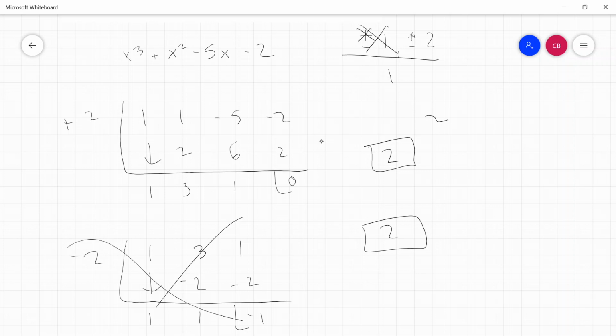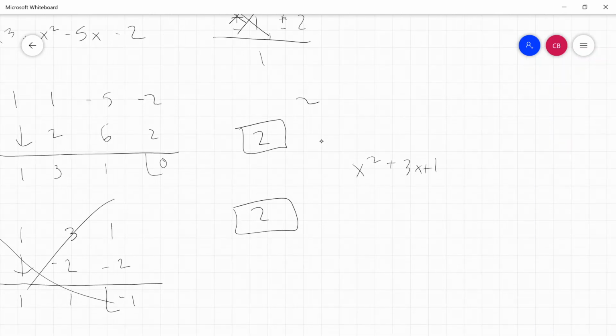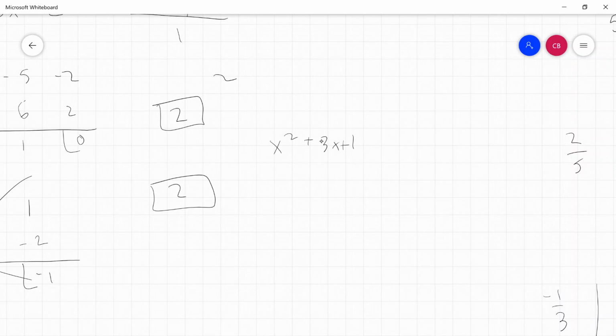And let's look at what was left over. It was x squared plus 3x plus 1. Well, x squared plus 3x plus 1 is not factorable, so we know that's good. Let's find the vertex. X equals negative b over 2a, or negative 3 over 2 times 1. So at negative 3/2. Okay. So let's plug that in. That's going to be 9/4 plus negative 9 over 2 plus 1.